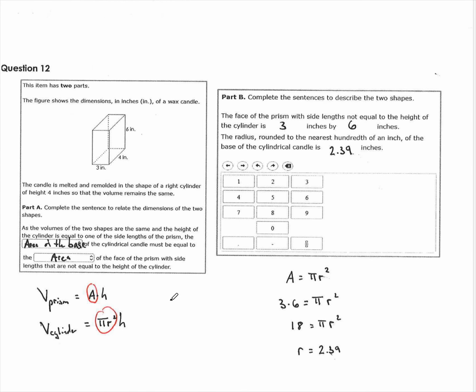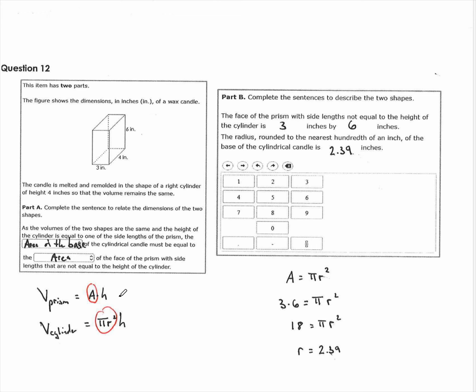Okay, so we know that the volume of any prism is the area of some base times its height. We typically do length times width times height, but length times width is area. So it's really the volume of a prism, because it could be a rectangular prism, a hexagonal prism, or a trapezoidal prism.